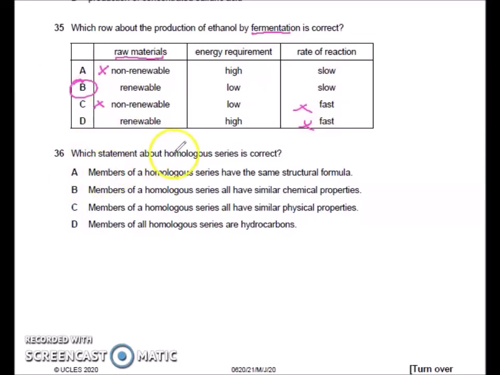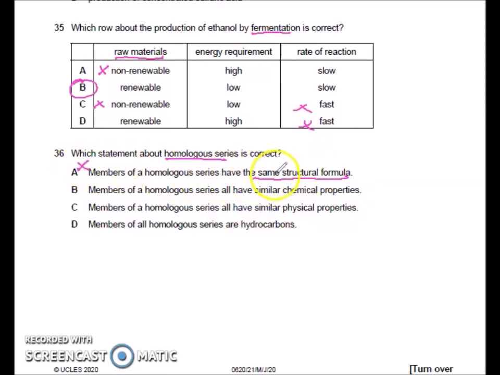Okay, which statement about homologous series is correct? Okay, homologous series here. They have the same general formula but different structural formula, right? So they all have the same structural formula, or this is wrong.